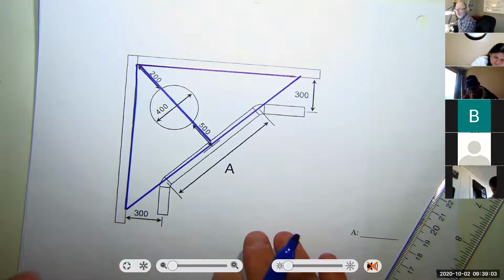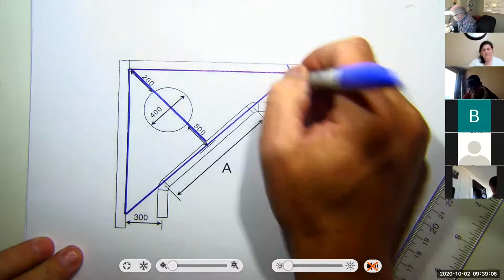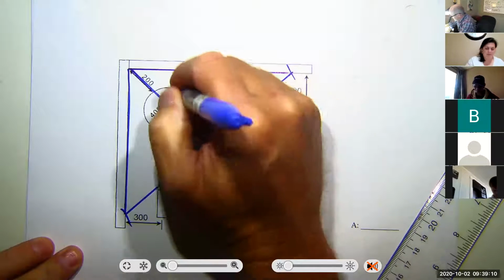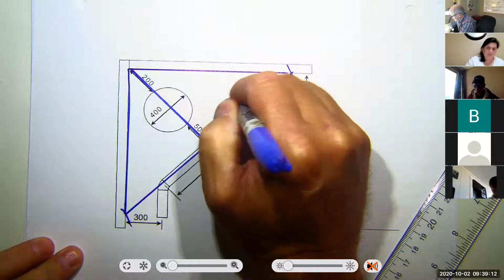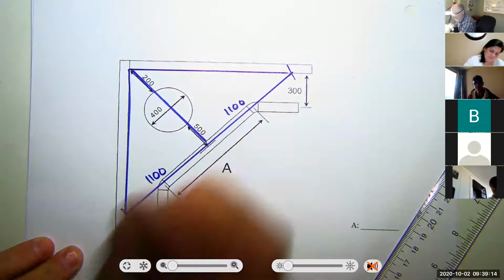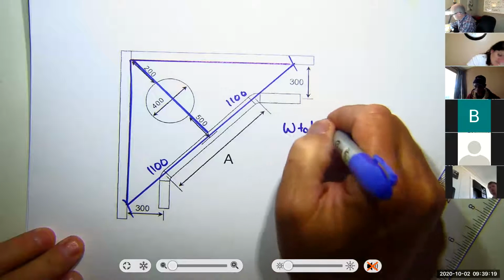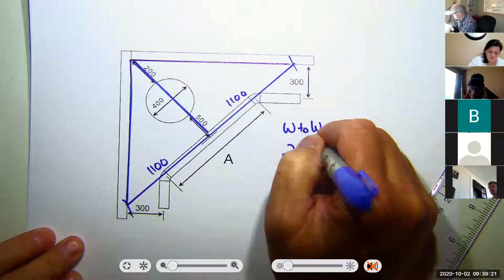It's 400 plus 500, so that's 1100 going down. So this is 1100, this is 1100. So wall to wall is equal to 2200.